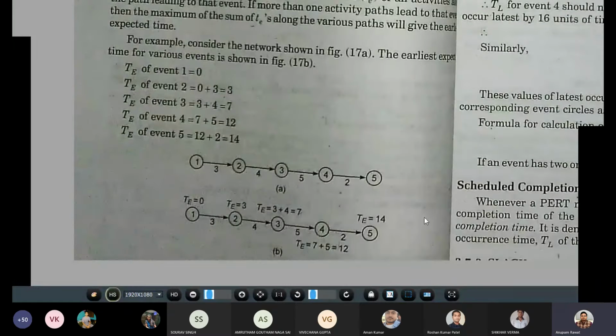For event 5, 1 to 5, it will take 3 plus 4 plus 5 plus 2, 14 units. So this way we can calculate the earliest expected time. Thus we can conclude that the earliest expected time for any event is the sum of the expected times of the activities on the path leading to the event under consideration.